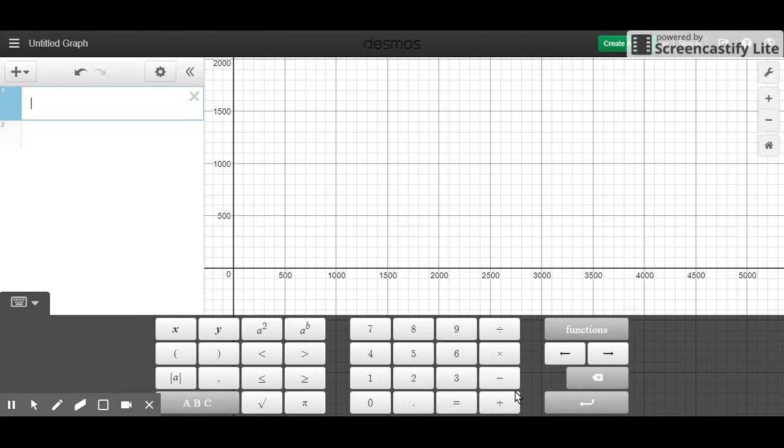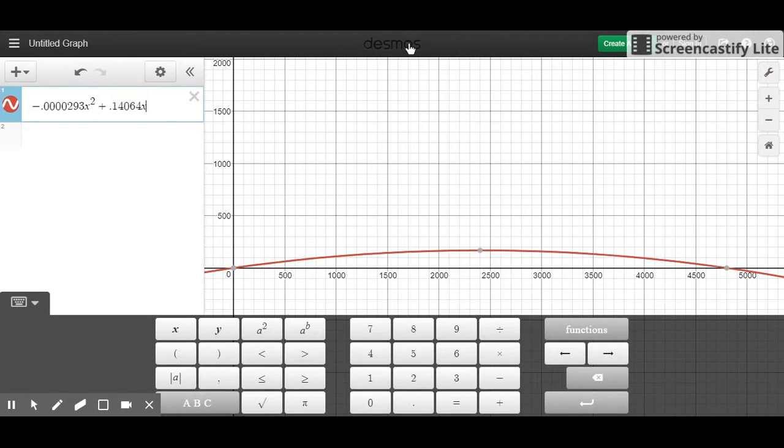So the equation I just derived starts out with a leading coefficient of negative 0.000293. And then to make an x squared, I type x, and then this little a squared button there. And then I'm going to add on the coefficient of 0.14064 with an x following it, and that's going to be my equation right there.